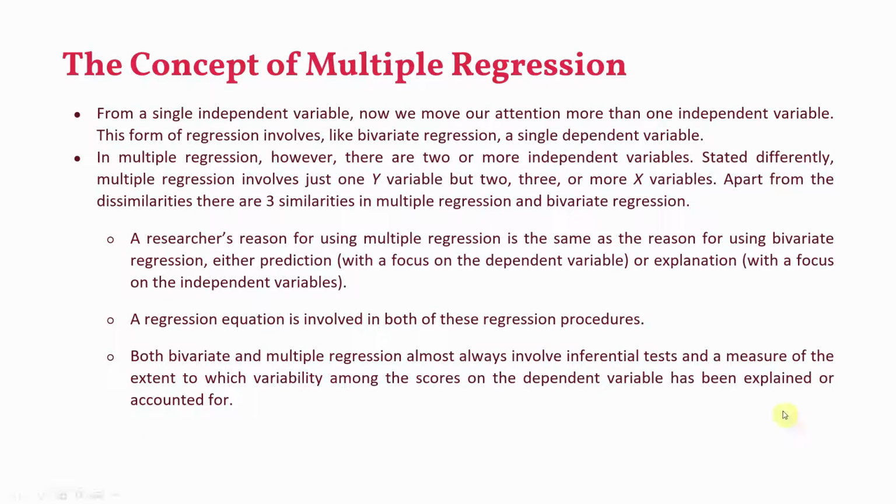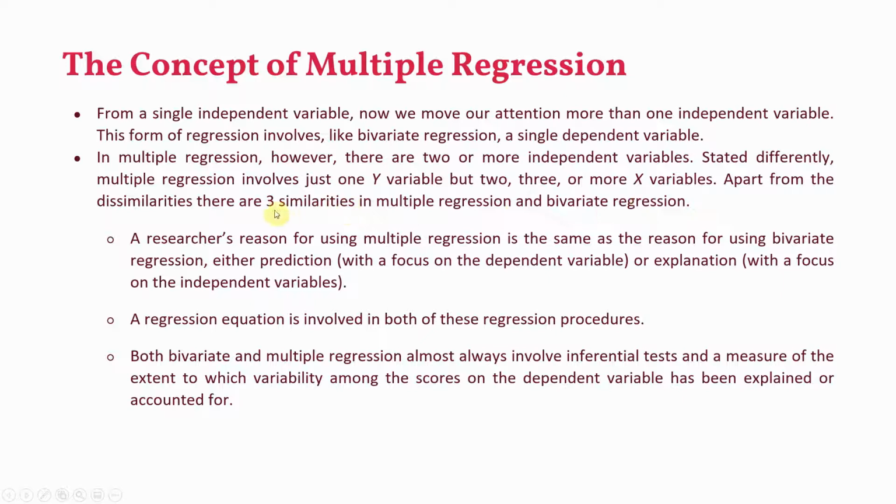So what is multiple regression? In bivariate regression, you had one independent variable and one dependent variable. In multiple regression, however, there are two or more independent variables. If you want to state it differently, multiple regression involves just one y variable, but 2, 3 or more independent variables or x variables.